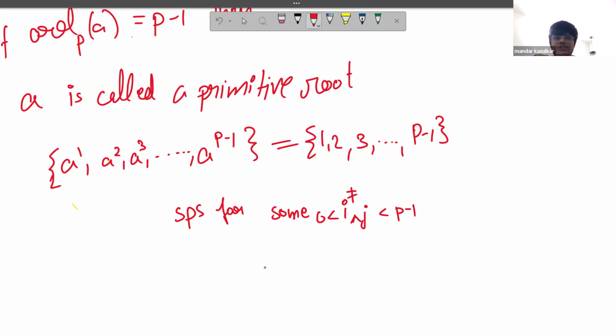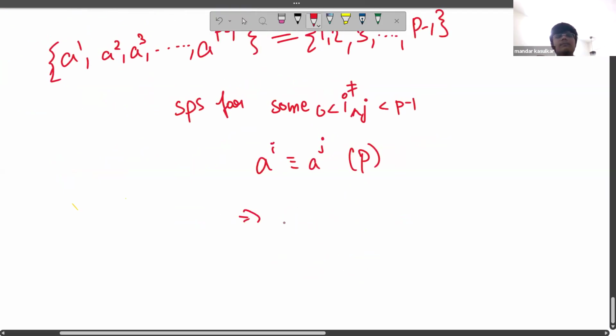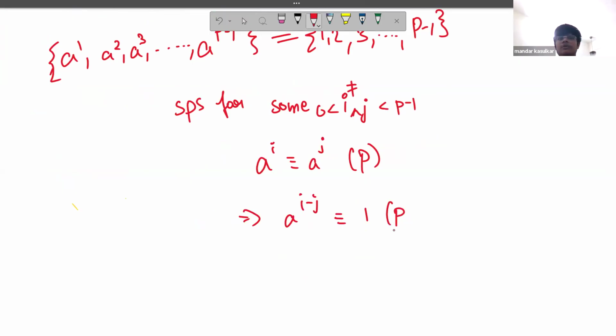Suppose for some i, j, we get that a raised to the power i minus 1 is congruent to a raised to the power j minus 1 modulo p. This would imply that a raised to the power i minus j is congruent to 1 modulo p.